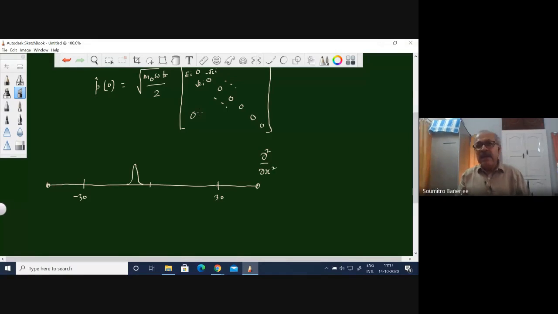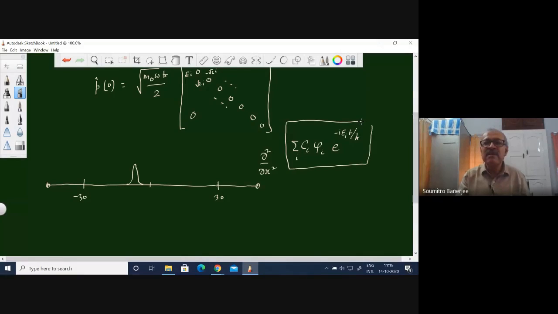Okay. Now, did you do this particular problem by this method, sum over i of c_i psi_i e to the power minus i E_i t over h cross, by calculating this, or did you do it by the time evolution operator method?